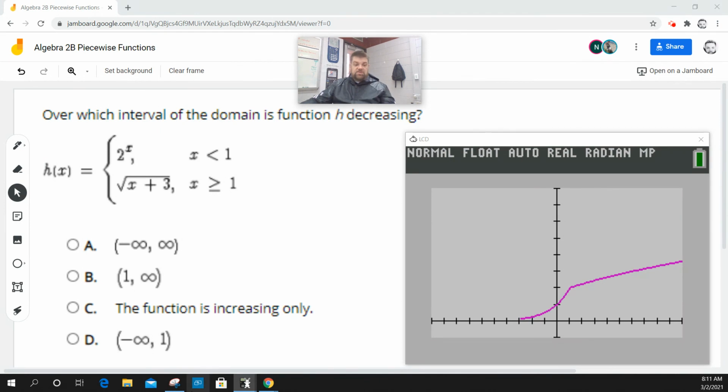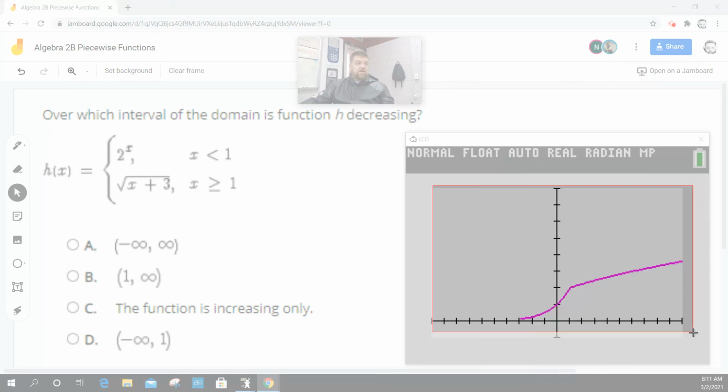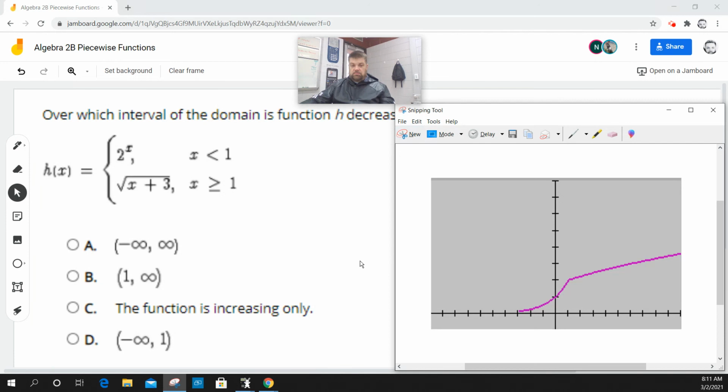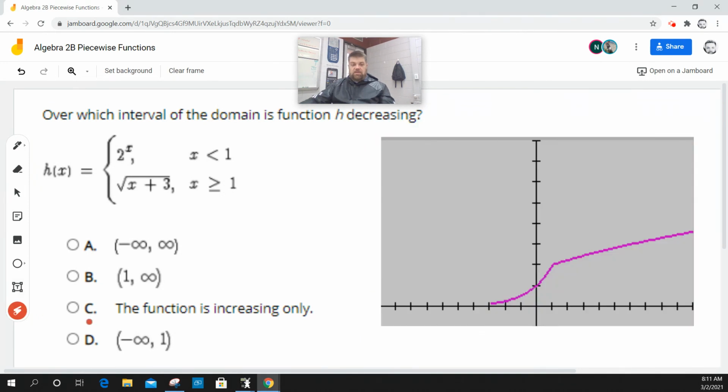So let's take a snapshot of that, and I'll explain what I mean. When we talk about increasing or decreasing, we've got to follow the path. So I read this like I'm reading a book. I go left to right.